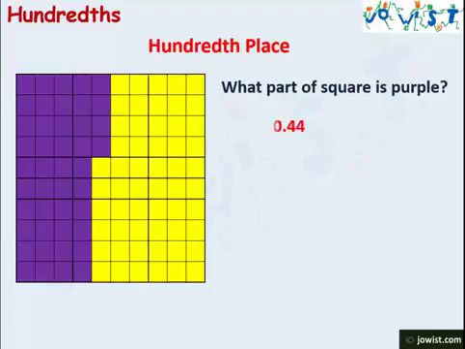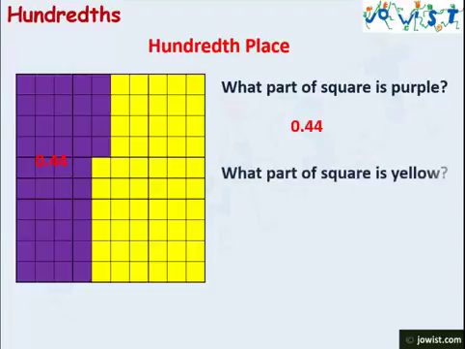It is equal to 0.44. Here, you must note that I have said point 4 4 and not zero point forty-four. Therefore, 0.44 part of square is shaded purple.